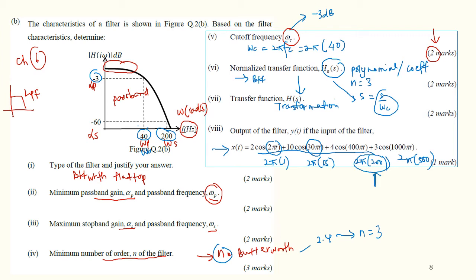Meaning that this component, the higher frequency component, will be outside the graph and it will be removed from the system. The question asks you for the output y(t), meaning that you need to write the equation. If the question asks you to sketch, then you need to sketch.